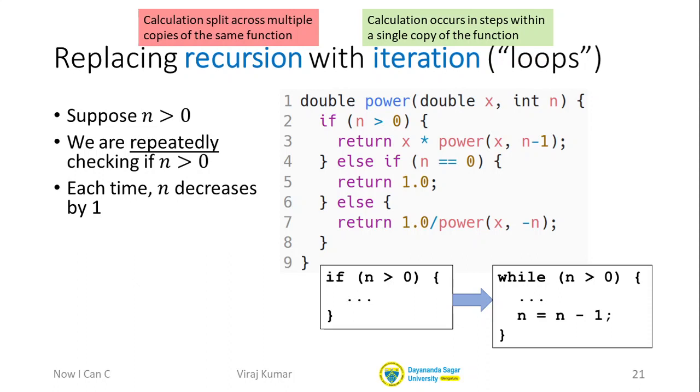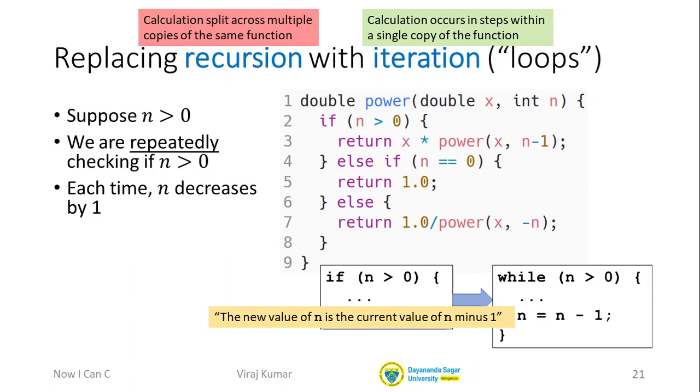The way to read it is: the new value of the variable n is the current value of n minus 1. In general, an assignment statement always has a variable on the left-hand side and some expression on the right-hand side, and we always evaluate the right-hand side first.